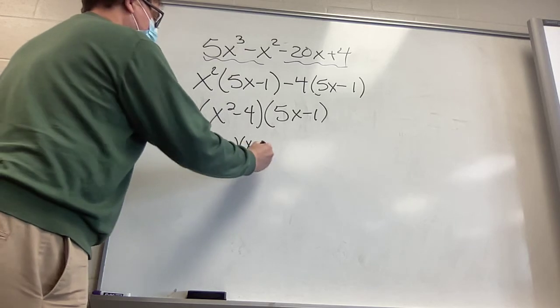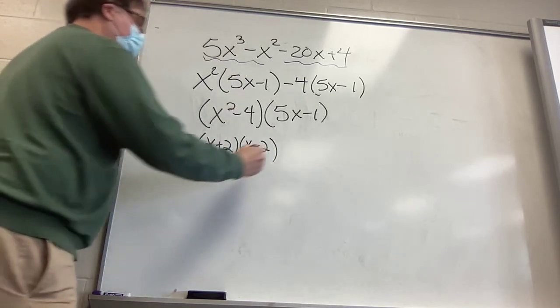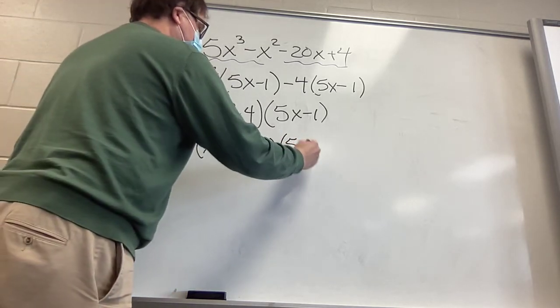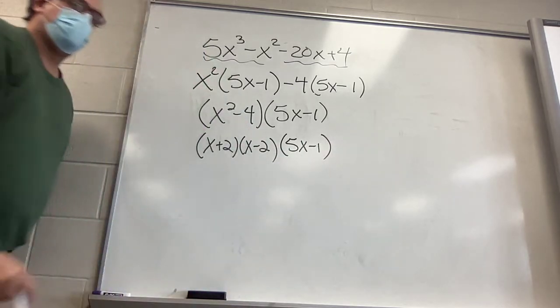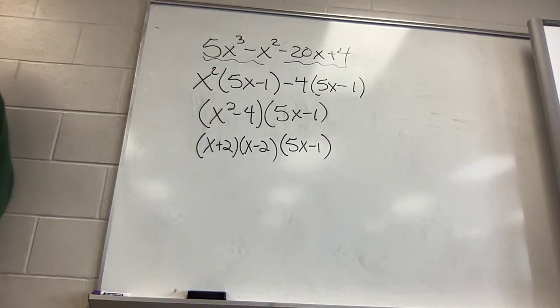Just x plus 2, x minus 2. And the other one hangs in there. For the next 48.5 hours, forget about the graphs, forget about multiplicity, forget about synthetic division. Only for the next 24.5 hours is it going to be factoring.